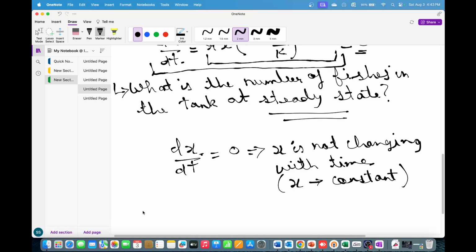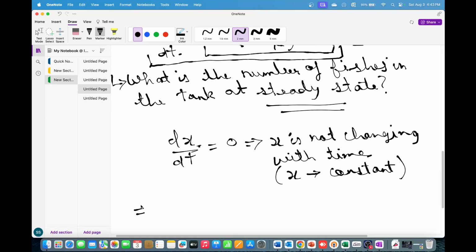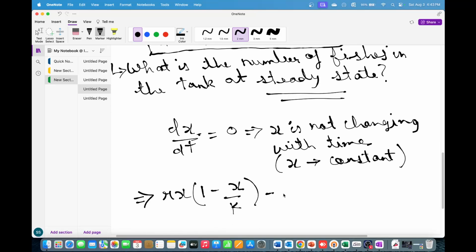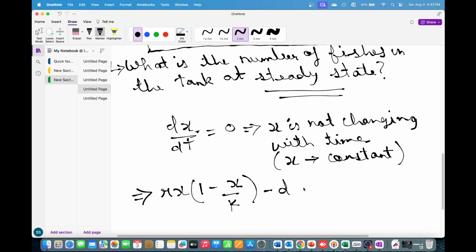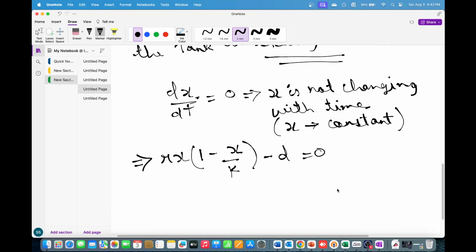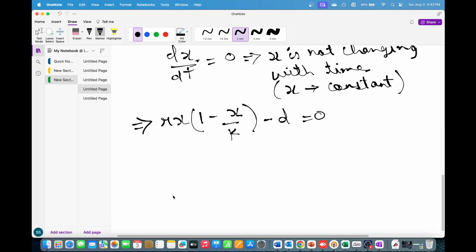So how does the equation look like now? r x into 1 minus x by k, minus d, equal to 0. Now you need to solve for x from here. This is a quadratic equation.